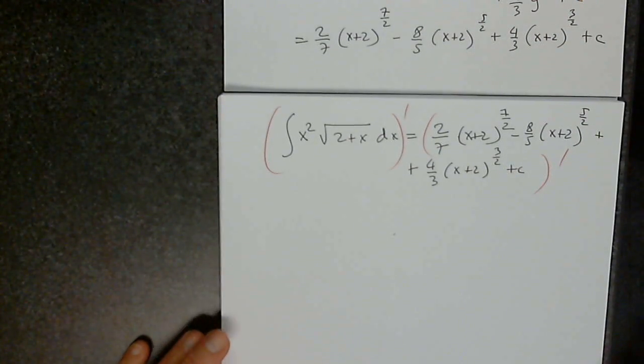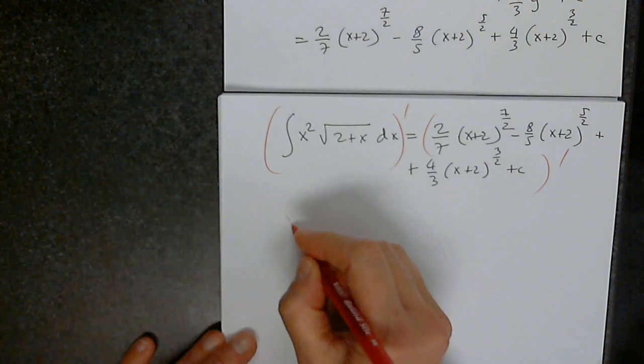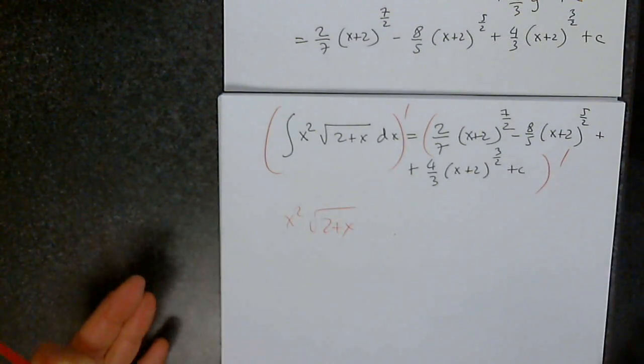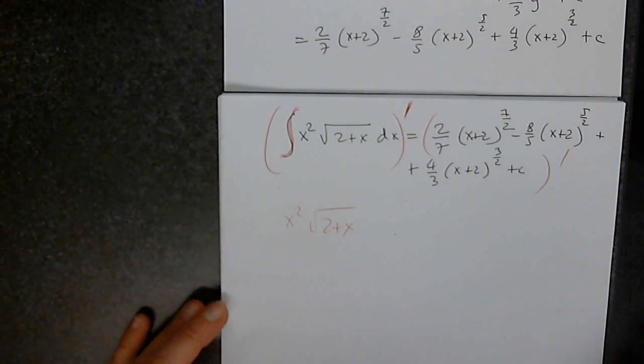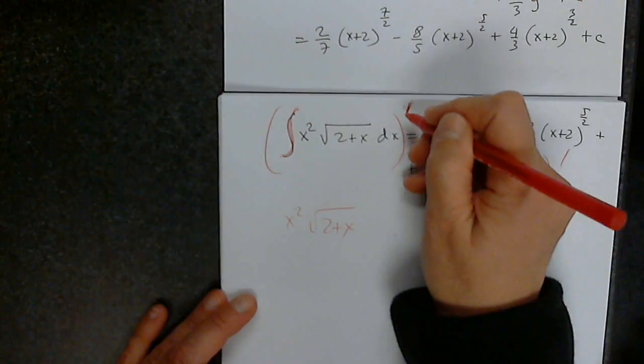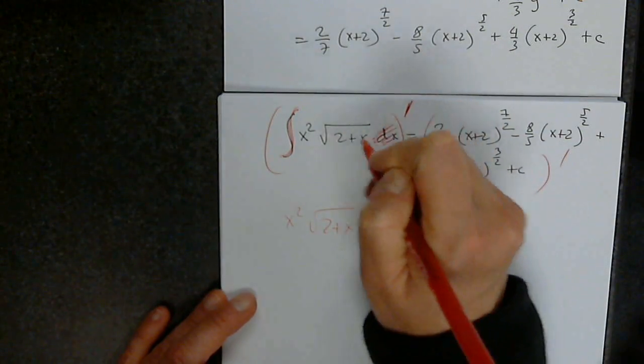When I differentiate the left-hand side, what do I get? x squared root of x plus 2. Because differentiation and integration are inverse operations, this will kill this.